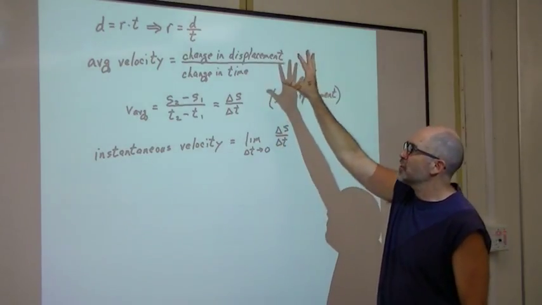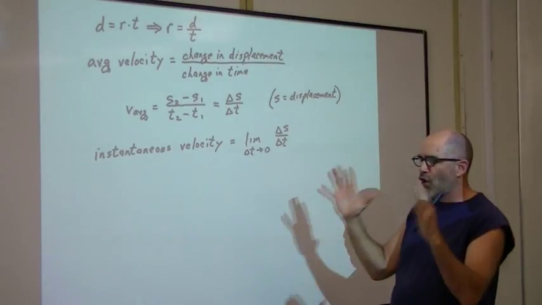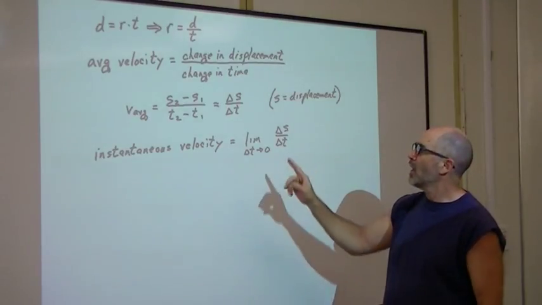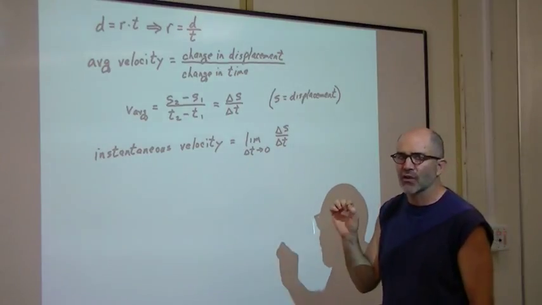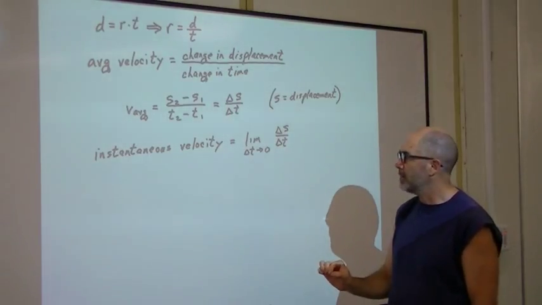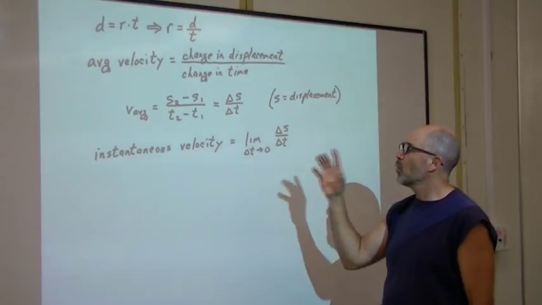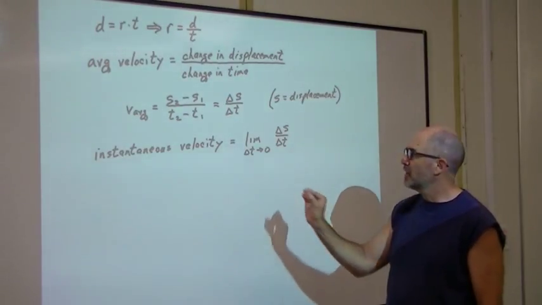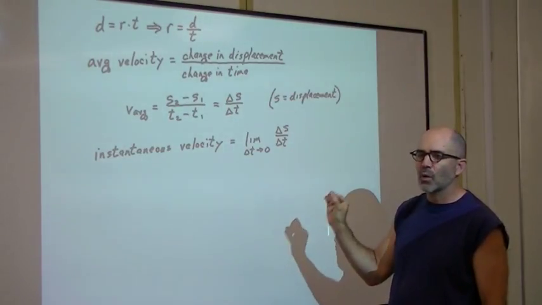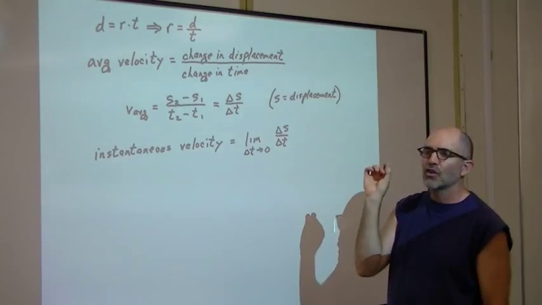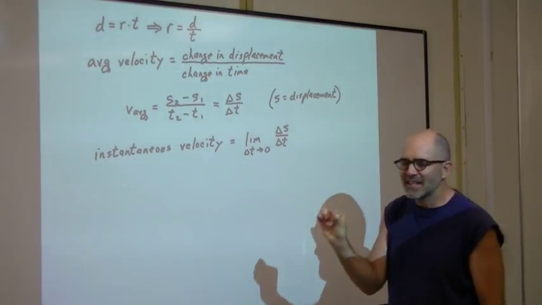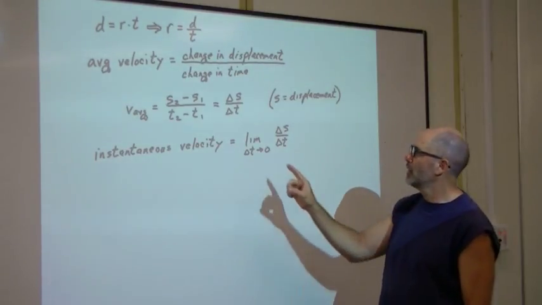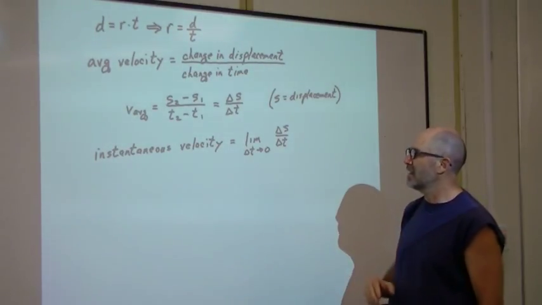So notice average velocity is a velocity over a period of time, whereas instantaneous velocity is velocity at a particular instant in time. And remember, we need 2 points. So a particular instant, what we're doing is we're taking 2 points in time that are infinitesimally close to each other. So that basically is an instant in time.